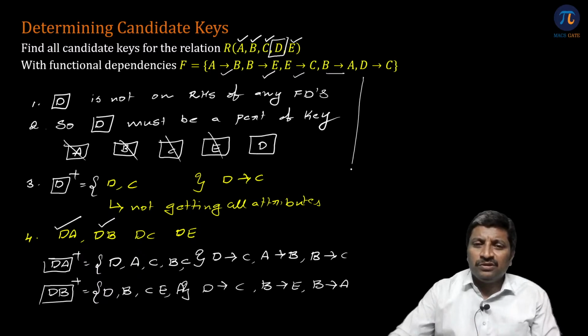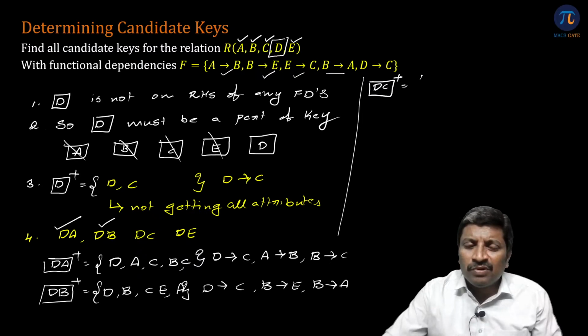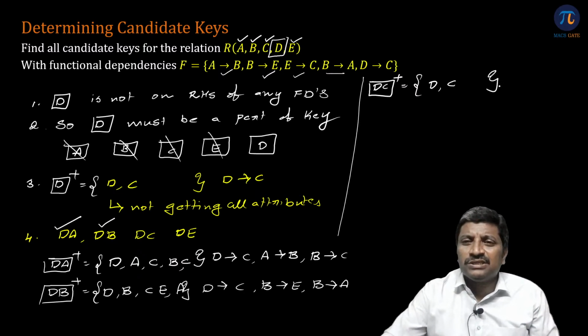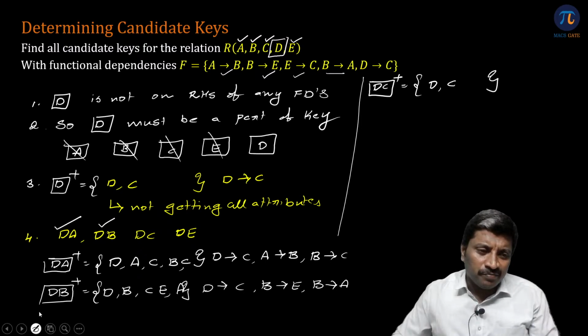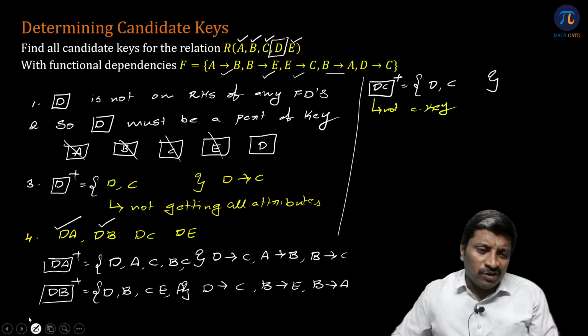Hope you understood it. Now let us try the third one. DC. What is the closure of it? D comma C. Anything else? I think no, sir. So this cannot be a candidate key. Then what about the next one?